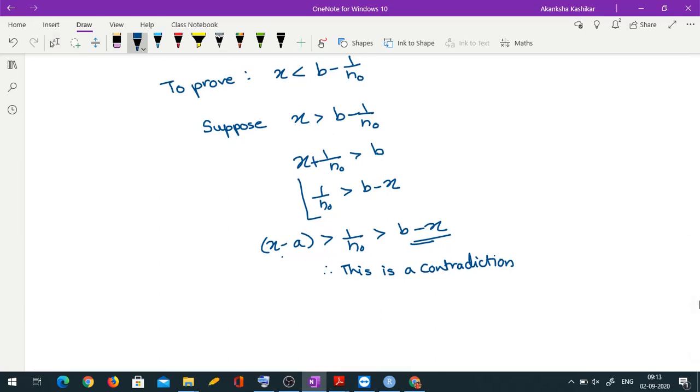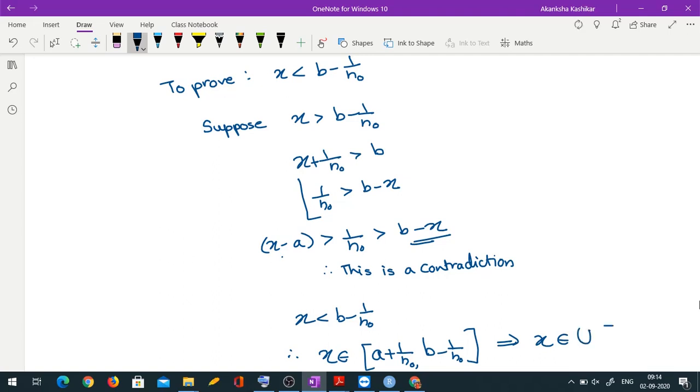Hence, we will conclude that x is less than B minus 1 by n naught. Therefore, we have proved that x belongs to the closed interval [A plus 1 by n naught, B minus 1 by n naught], and therefore x belongs to the union of such sets.